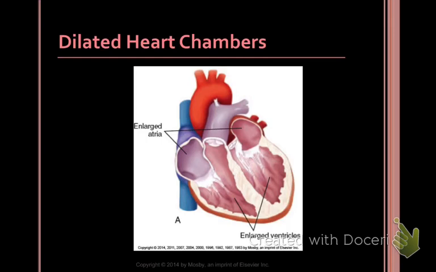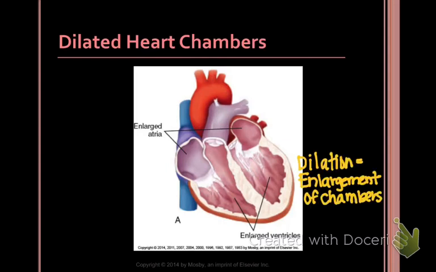So here you go. You've got your dilated heart chambers. Dilation is enlargement of the chambers, right? And I've drawn it out there. See how they look bigger? They're enlarged. Just think about a rubber band. When it's stretched over and over and over again, it loses its ability to stretch, and then it's just stretched.